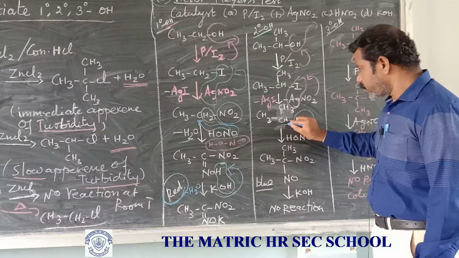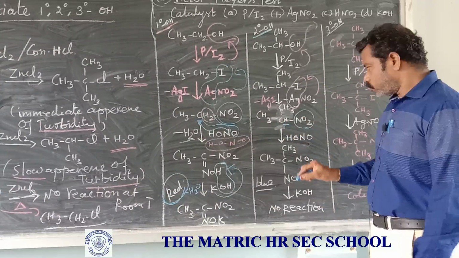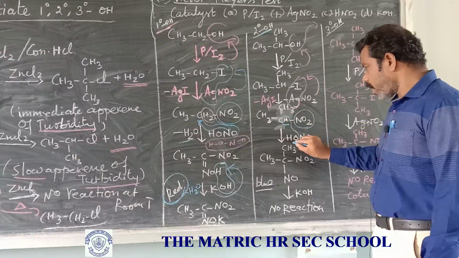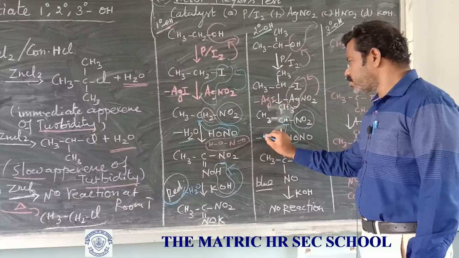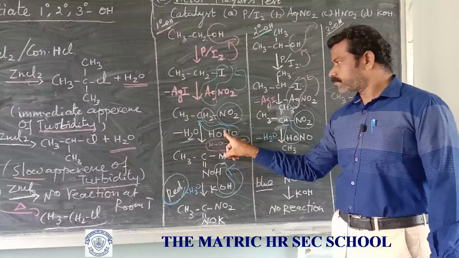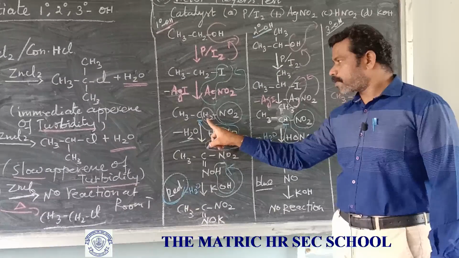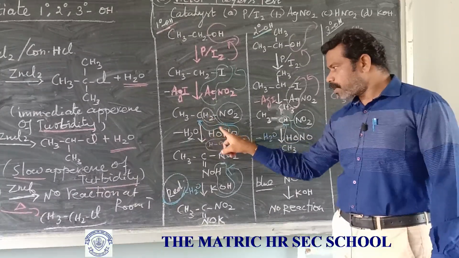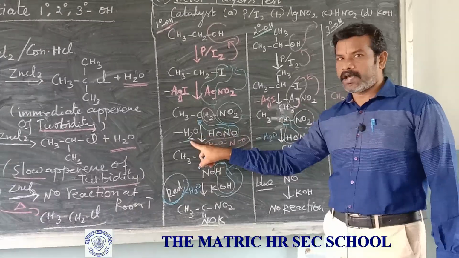This carbon has only one hydrogen. So for the one hydrogen, you will take one OH and H2O leaves. At this position, 2 hydrogen atoms are present on the carbon, so you will take only one oxygen, going out as water.